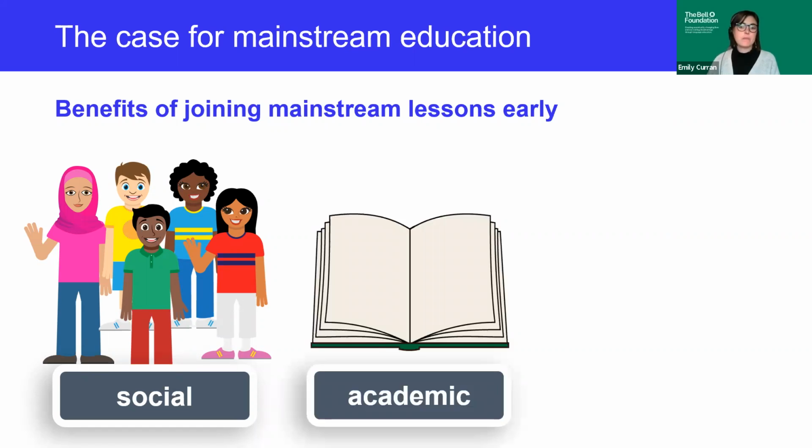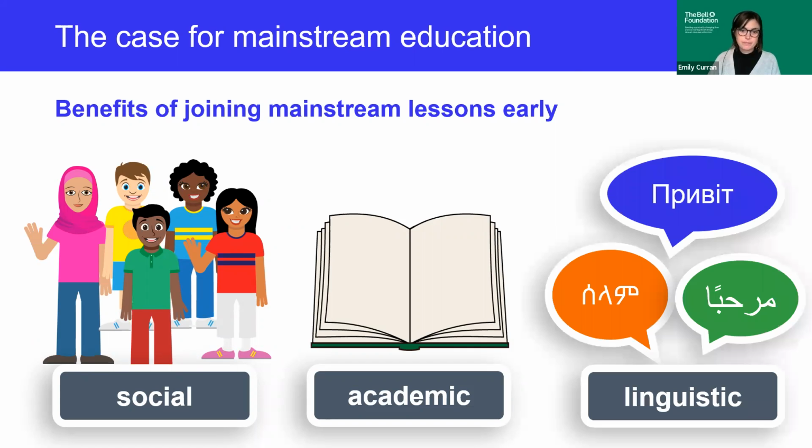Joining mainstream lessons early also helps promote academic inclusion, as it means that learners don't lose optimal opportunity for subject matter learning. The classroom teacher is the best source of academic learning, as they are the subject experts. And lastly, mainstream lessons provide linguistic inclusion, in that different teachers and different children will provide models of all the varieties of English from which newly arrived learners will benefit.